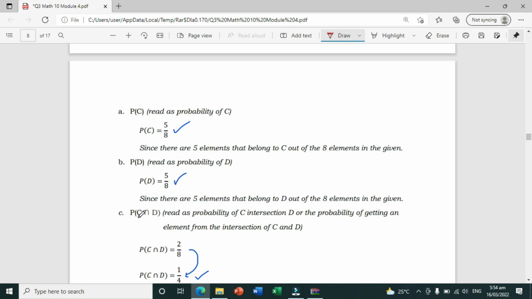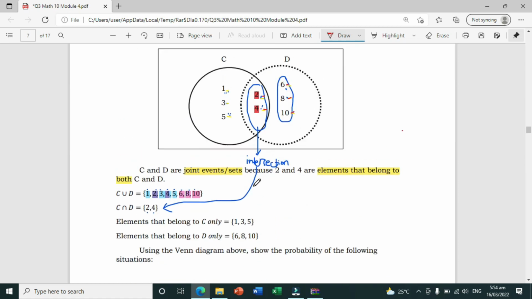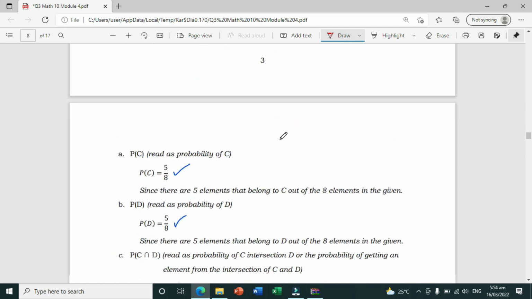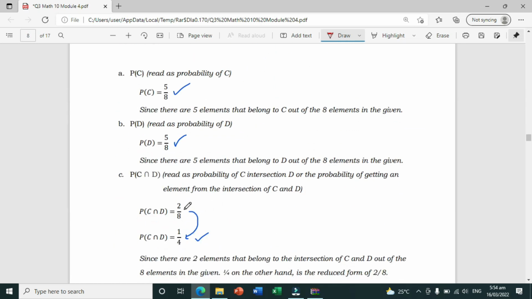How about yung probability ng intersection ng C at saka D? So, yung intersection, di ba, kung ano yung common kay C at saka kay D, which is itong nandito sa gitna. Ito yung common. Ito yung intersection. So, ilang elements ang intersection ni C at saka D? So, meron tayong 1 and 2. So, yung probability niya would be 2 over 8.